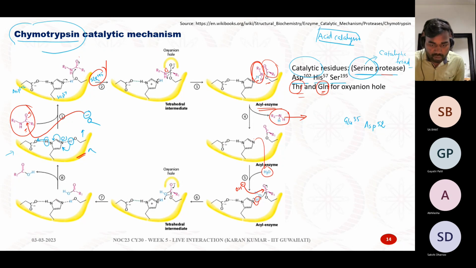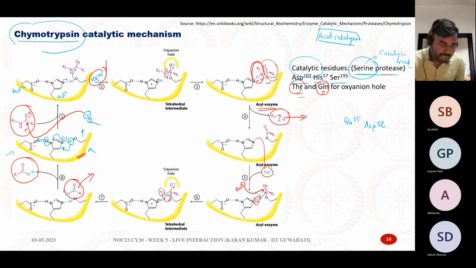Finally, the serine bond will break and serine will abstract its oxygen from the water molecule. The OH minus will be attached to this acylated group and it will release as the second product. This is releasing the carboxylic acid, right?